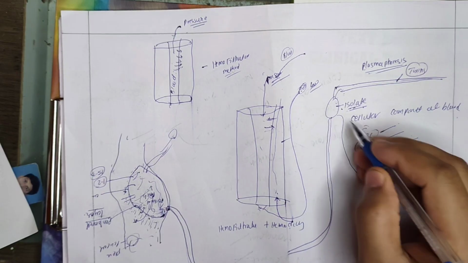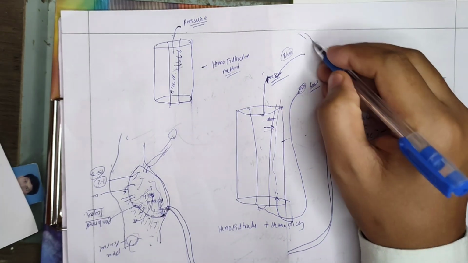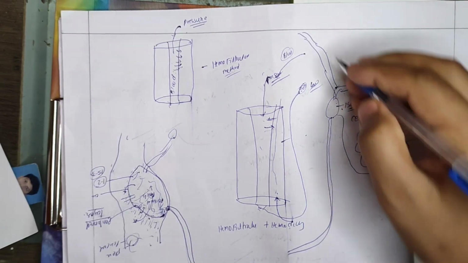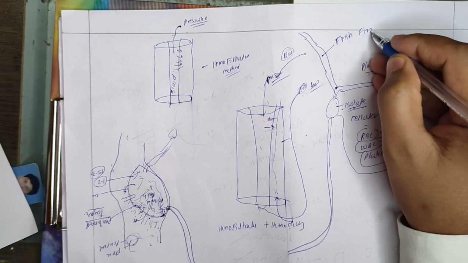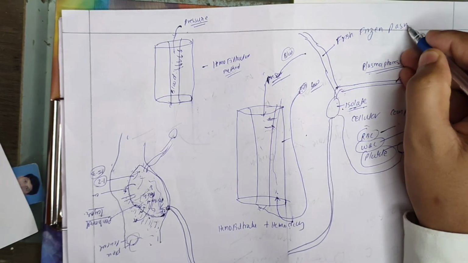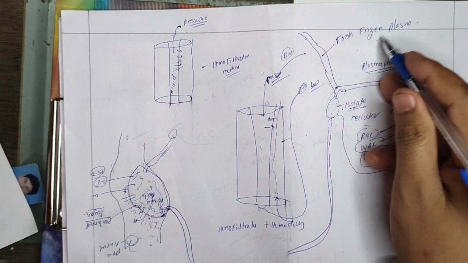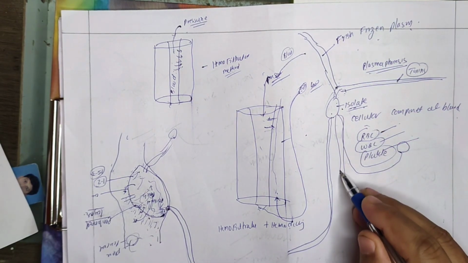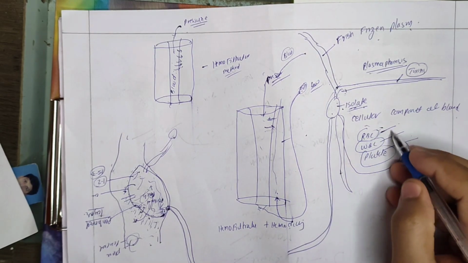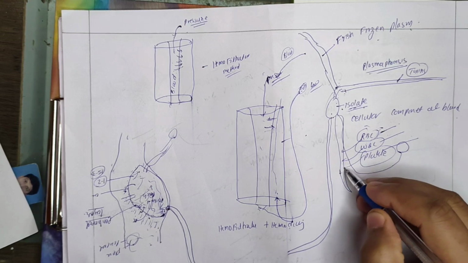Then, when these blood cells have been isolated, in another way we will infuse fresh frozen plasma. Where will we infuse this plasma? We will infuse it into this device only. Now this fresh frozen plasma does not have any toxin compounds, so these formed cells, or blood cells, will now dissolve into this fresh frozen plasma.